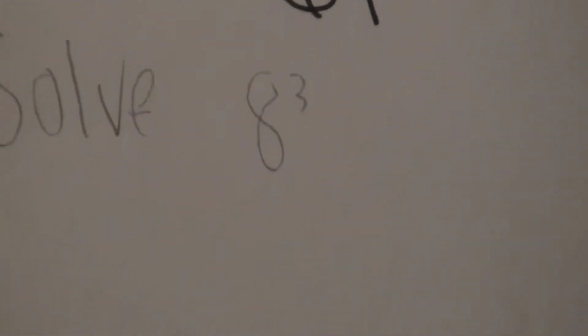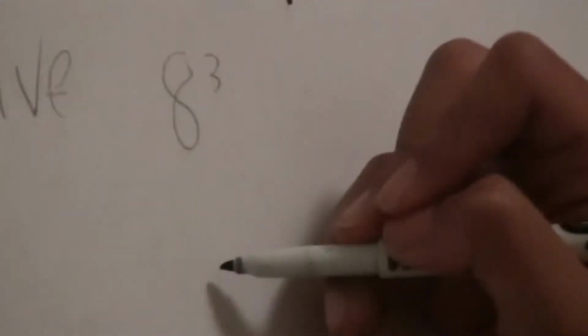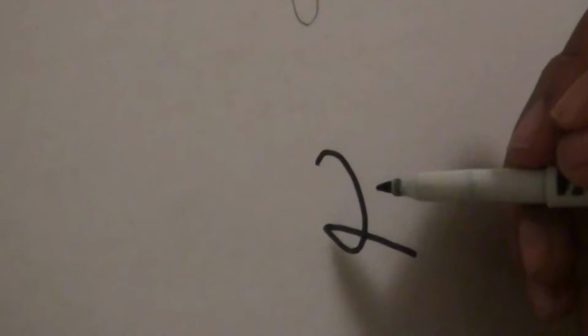We know that 8 squared is 64. So now 64 times 8. So that would be 492. Let's do another example.